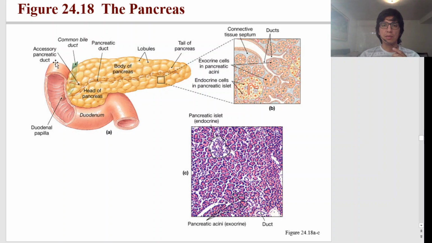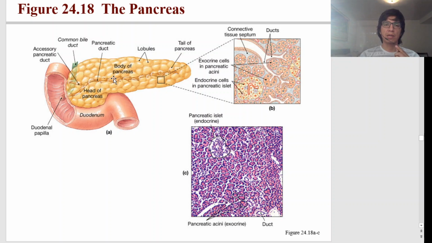Here we have this view of the exocrine function of the pancreas, which involves the secretion of these pancreatic enzymes into ducts. You observe a lot of these acini present within the pancreas. These are basically simple cuboidal epithelial cells that secrete their components into these lumens. These lumens go into bigger and bigger ducts, and eventually those ducts enter the pancreatic duct.